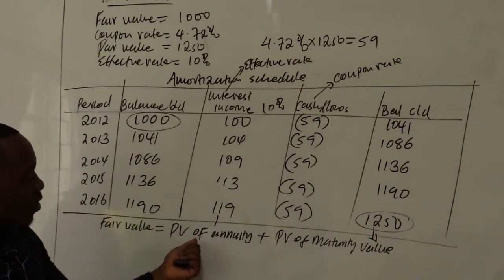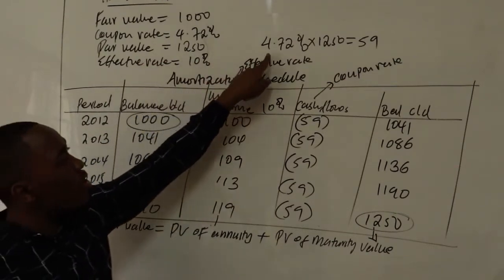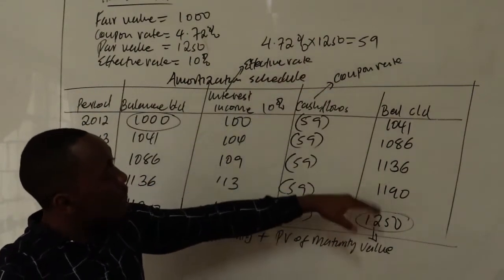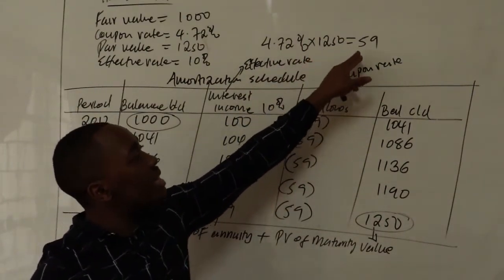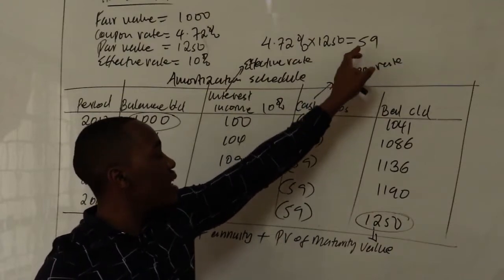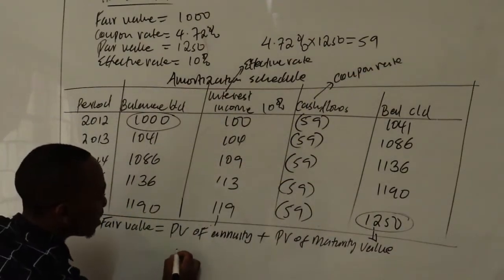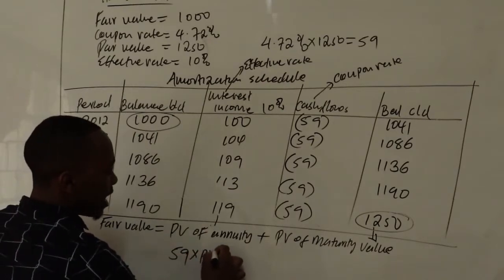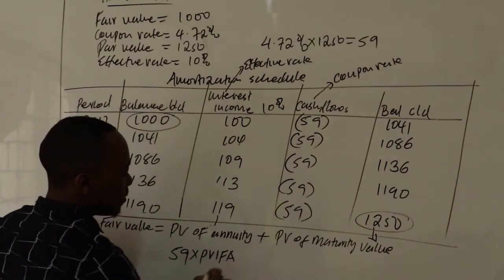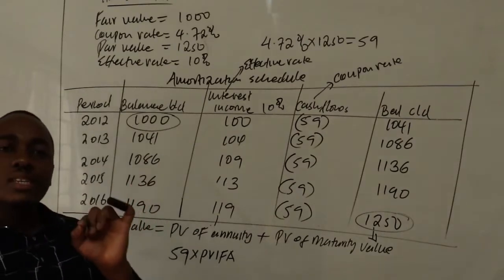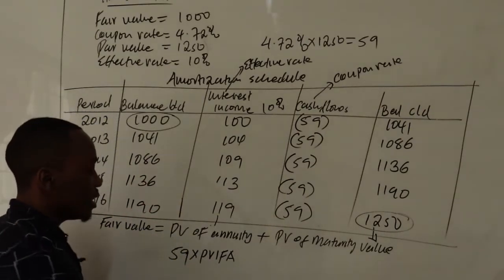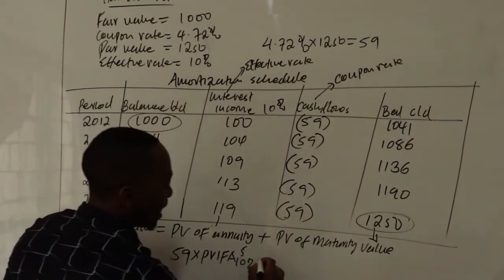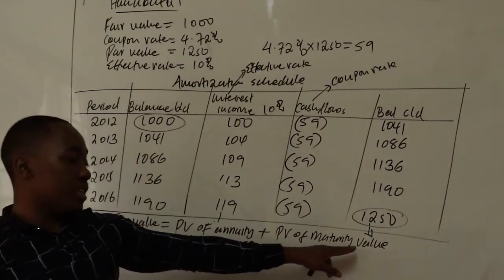To get this, you just take the coupon rate, 4.72%, times the par value 1250. That means in each year they are supposed to be receiving 59. So to get the present value of the annuity, you take 59 times the present value interest factor of an annuity. The market rate or the effective rate is 10% for the next 5 years, plus the present value of the maturity value.